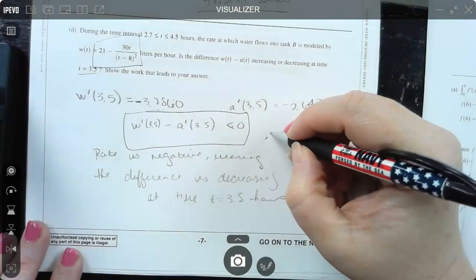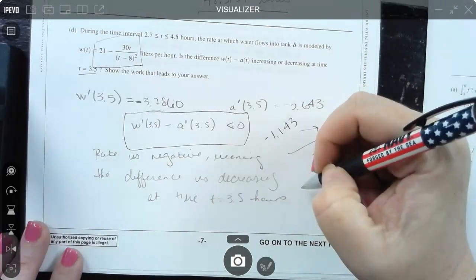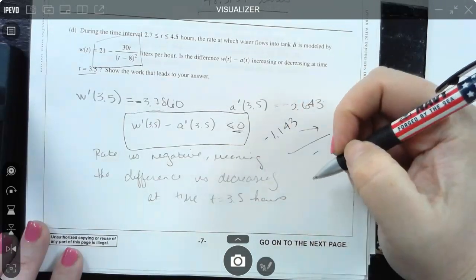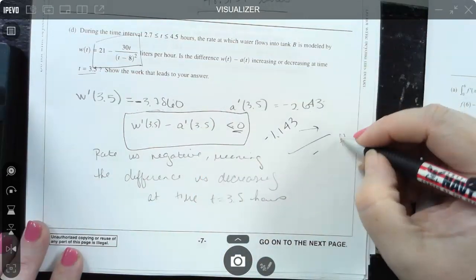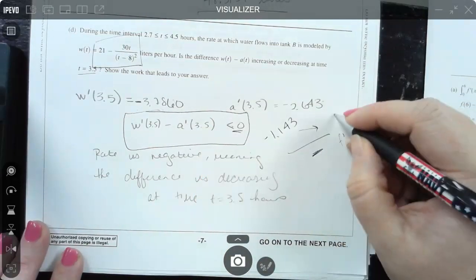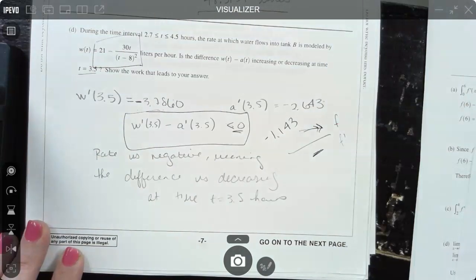This will give you negative 1.143, which is still negative. And this is derivatives I'm looking at, right? So if my derivative is negative, that means my function is decreasing. Yes, that's correct. Right.